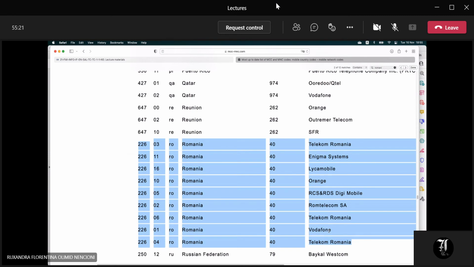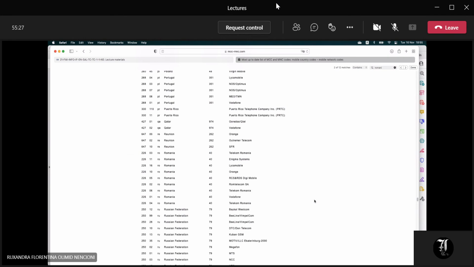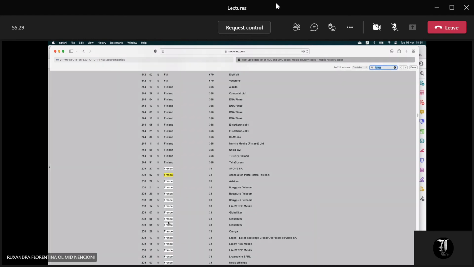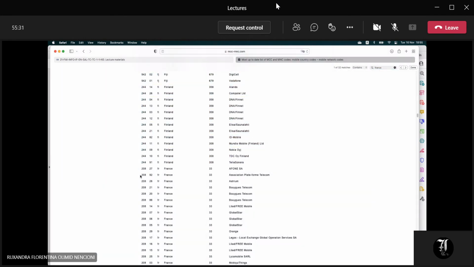That's why I was saying that if I'm in Orange Romania or Orange France, I have different numbers here. If I go to France, it will start with 208 in this identity. And for Orange, it will follow with 29.